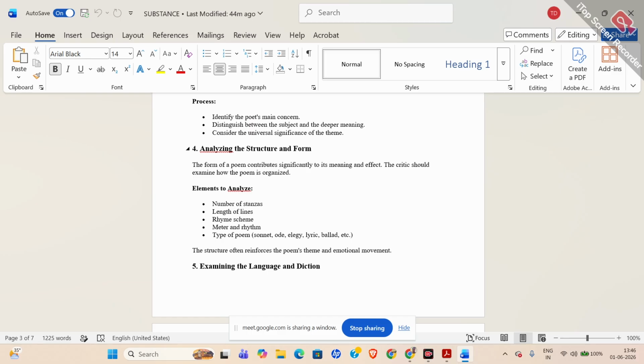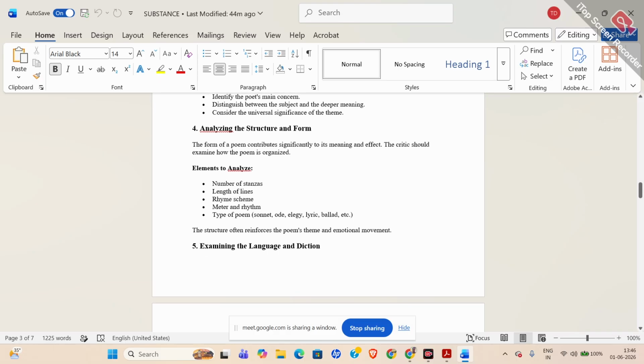So there are different types of poems. So what type of poem is this? সেটা পড়লে বোঝা যাবে। The structure often reinforces the poem's theme and emotional movement.